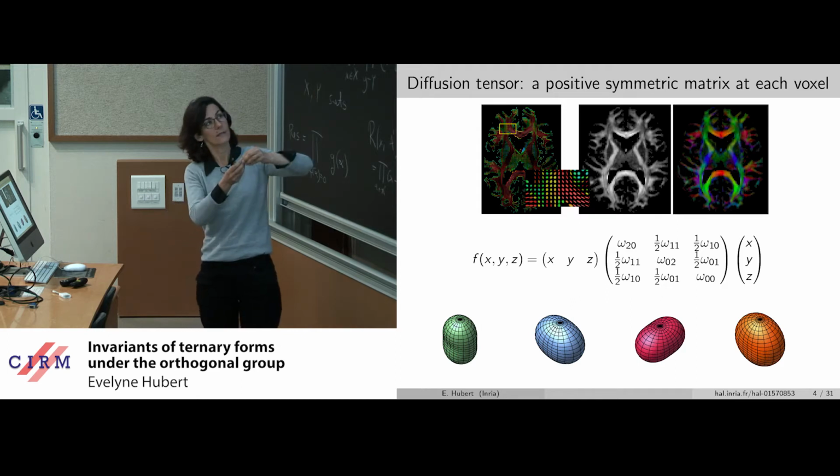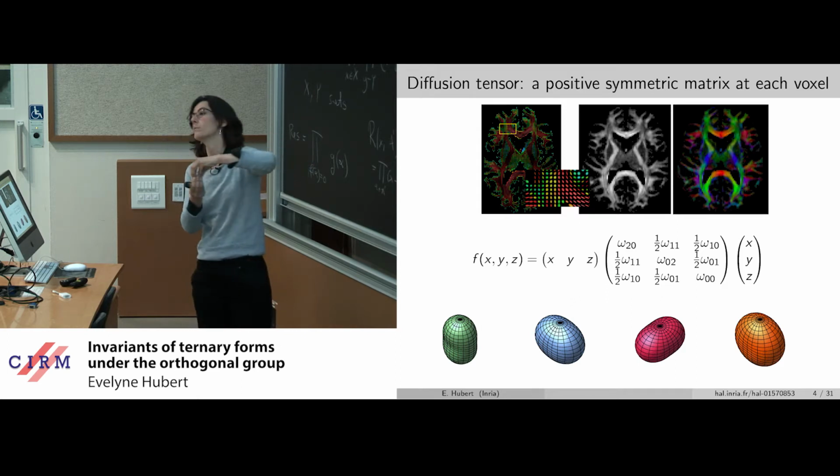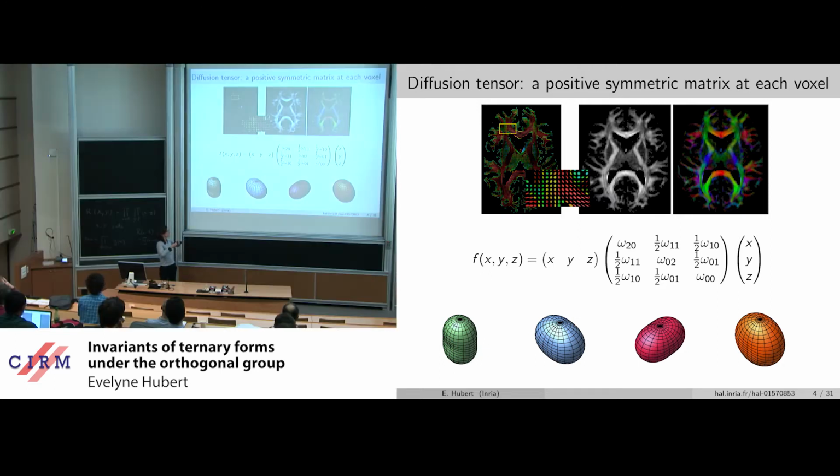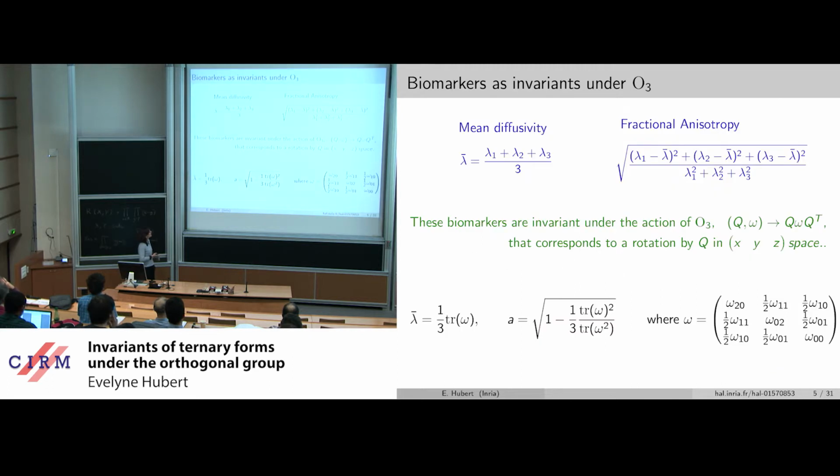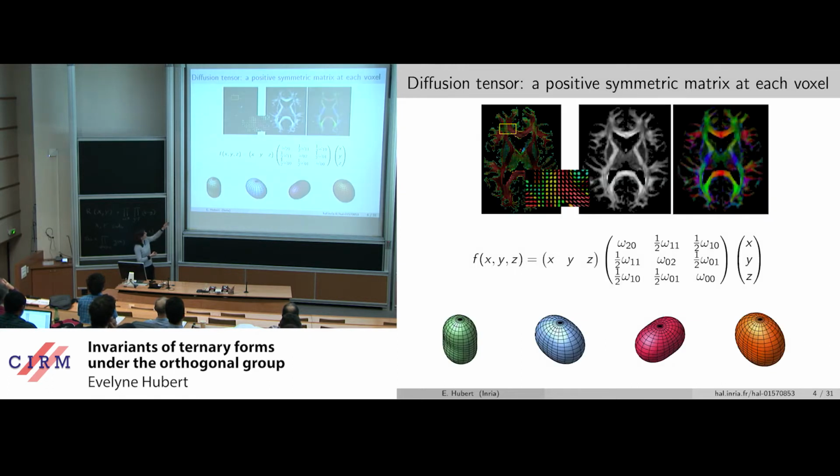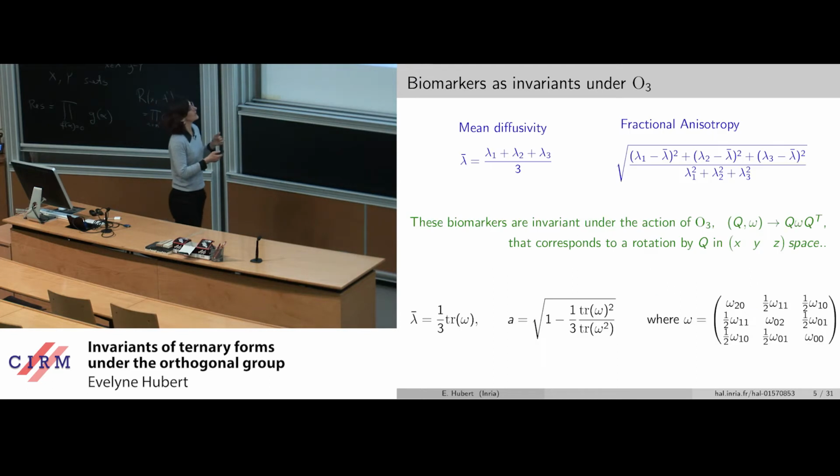You can see that this can give you some direction of the fiber, but if you have a crossing of 2 fibers or 3 fibers, it will give you something which is either flat for 2 or like a big blob for 3. So with some additional technological progress and a bit more mathematical modeling, they were able to go to degree 4 polynomials.